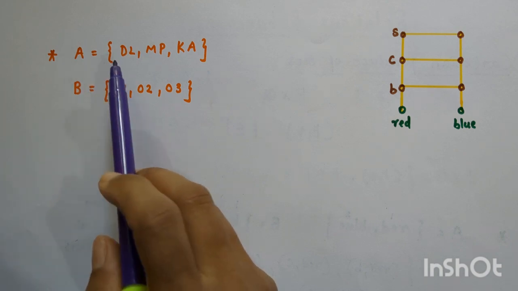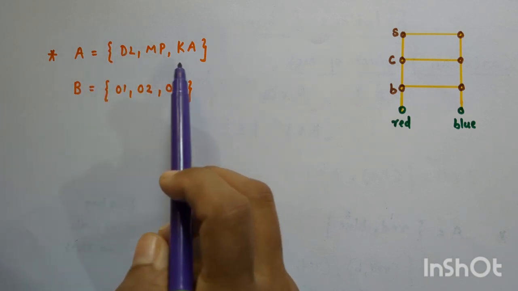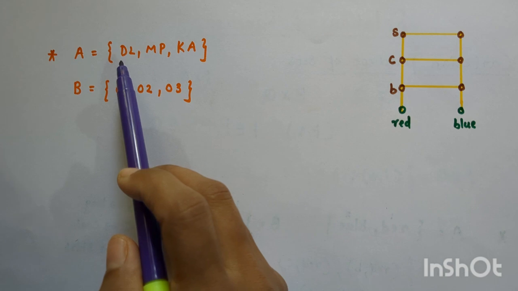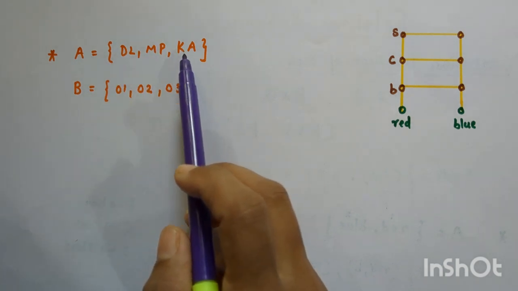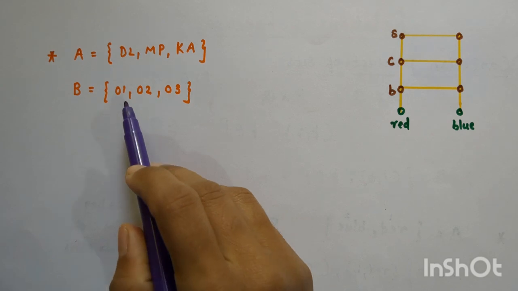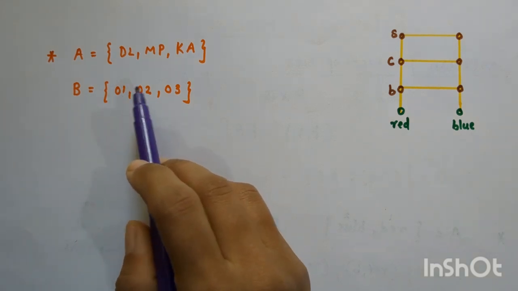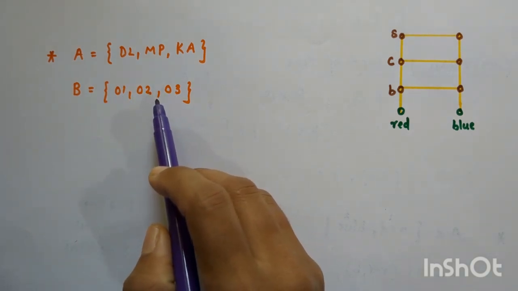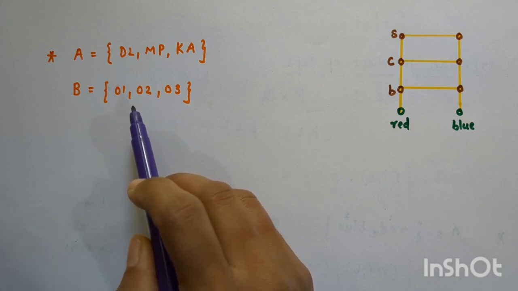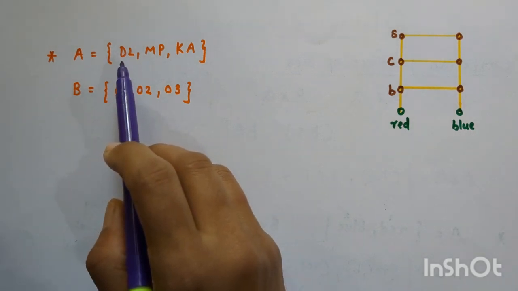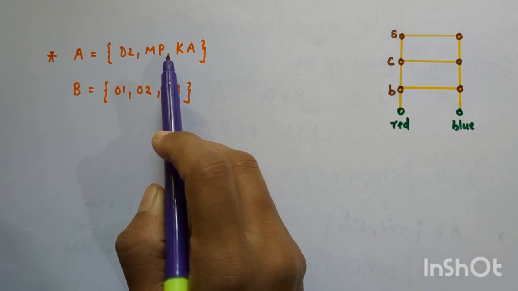Set A has these elements: DL, MP, KA. DL represents Delhi, MP Madhya Pradesh, KA Karnataka. And set B has these elements 01, 02, 03. These represent the codes for the license plates of vehicles issued by Delhi, Madhya Pradesh and Karnataka.